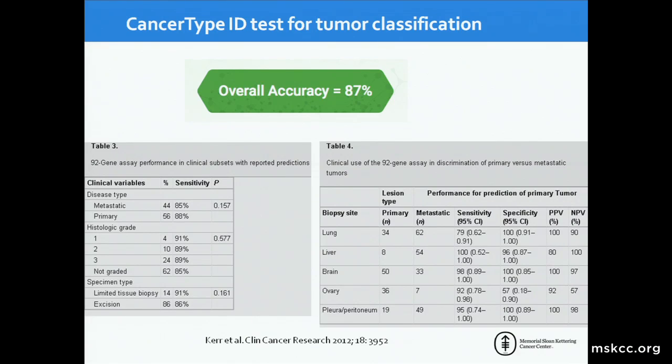Overall, they found that that wasn't the case. They had similar sensitivity for metastatic versus primary, well-differentiated, poorly differentiated, biopsies versus excisions. There were some exceptions. For example, here in the ovary, the specificity was only 57, compared with other sites where it was much higher.